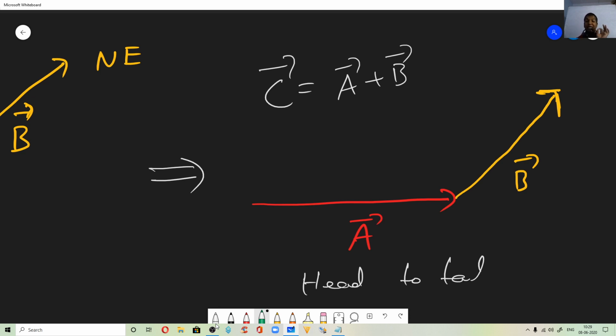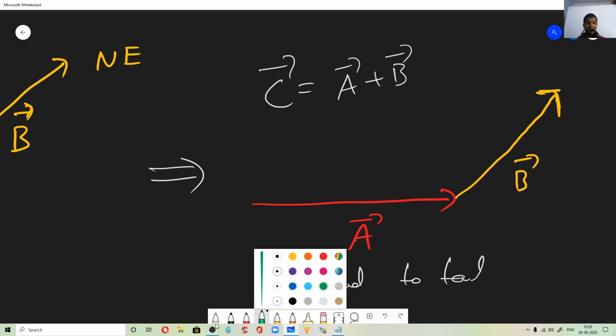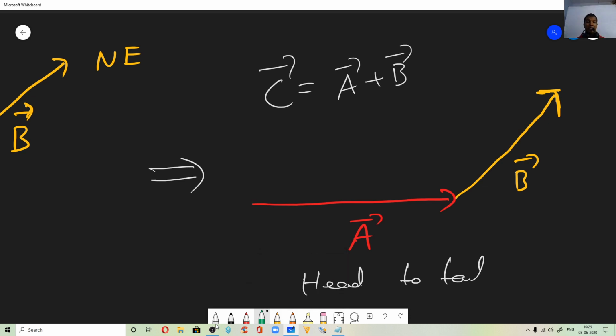Now resultant C, okay, pay attention. Resultant C can be given by connecting the tail of the first vector. Remember, what is the tail of the first vector? Vector A. It is given by connecting or drawing the tail of the first vector to the head of the second vector.